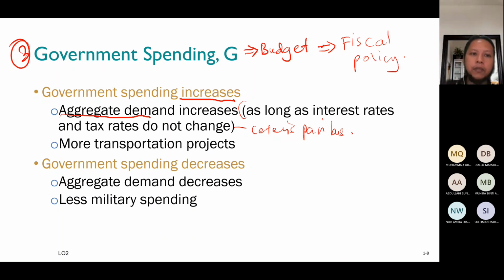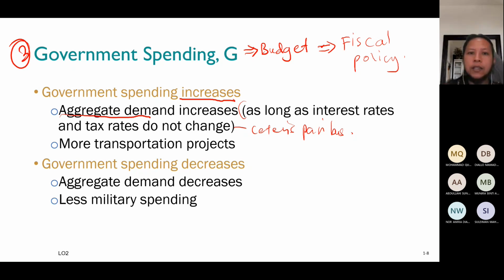So for example, they can allocate spending for a transportation project, right? So maybe they want to build a new railway, they want to build new train stations, right? So these are the things that will be included in the aggregate demand.